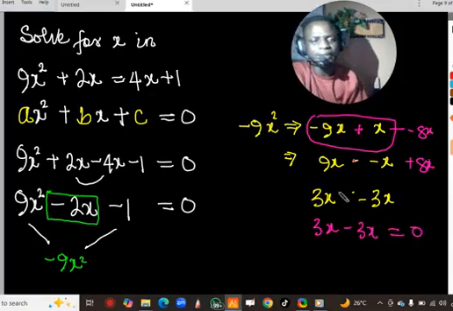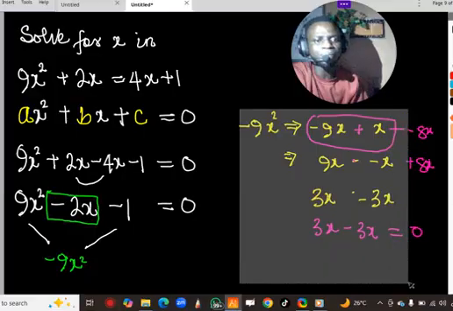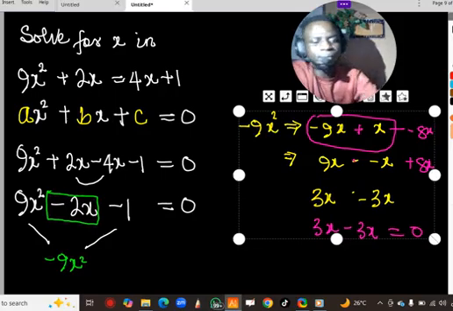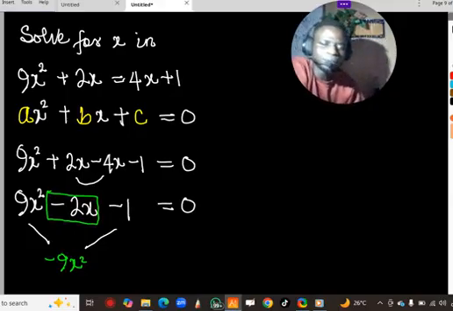It simply means that none of these is suitable to replace the middle term, since none of them gives us a sum equal to the middle term. So it seems this question cannot be solved using the factorization method. So we have no choice than to resort to either the formula method or the completing the square method. So let's proceed with the formula method.